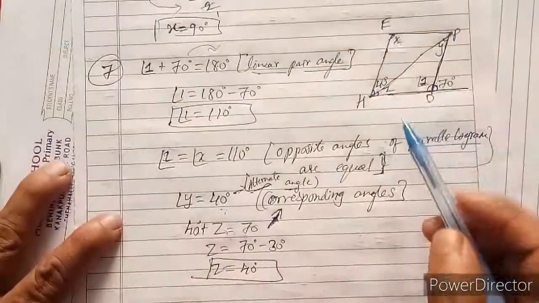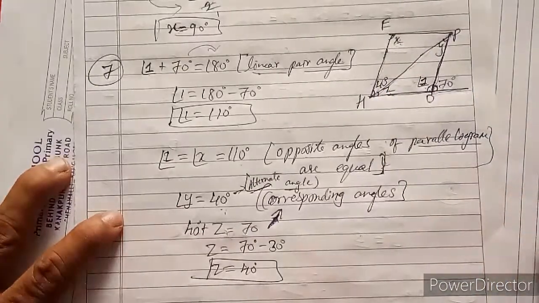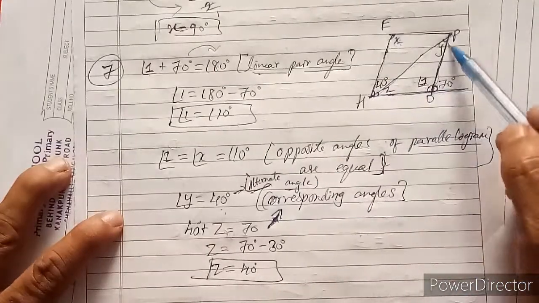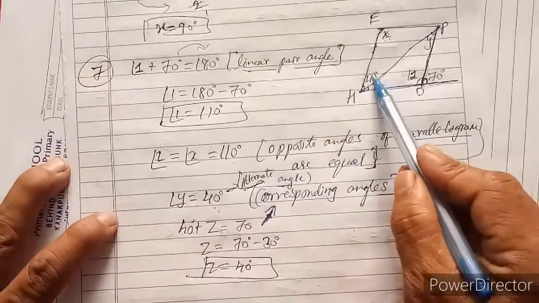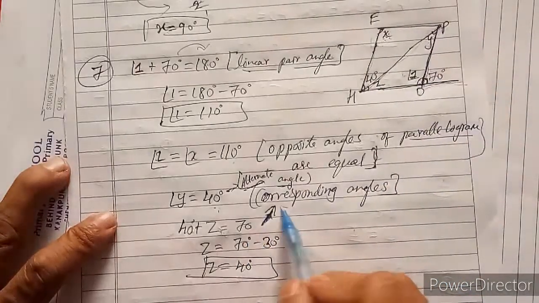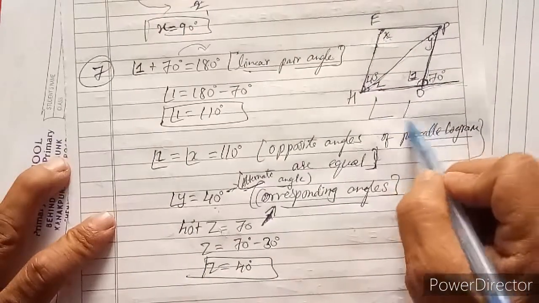Now here, see, this angle is equal to this angle. Which angle is this? Name that angle. This angle is equal to this angle, right? So 40 plus z is one angle, and the other angle is 70 degrees. These are corresponding angles. You know that this angle is equal to this angle.